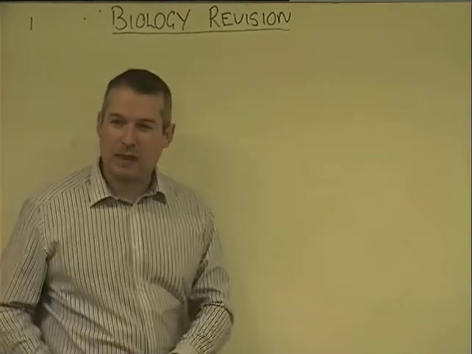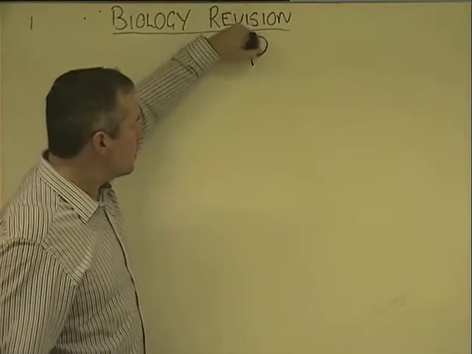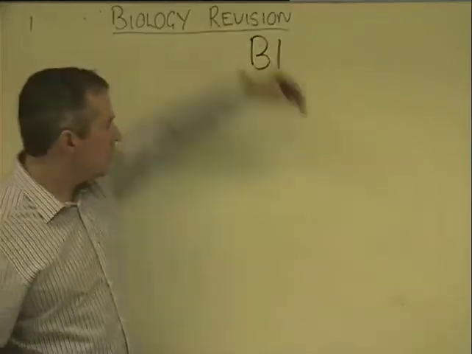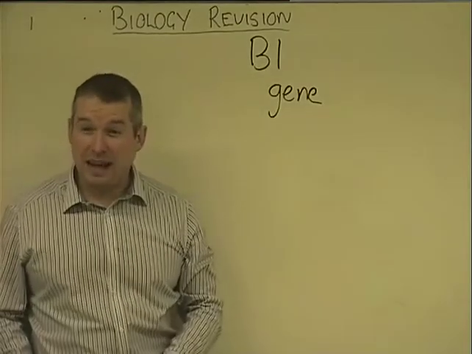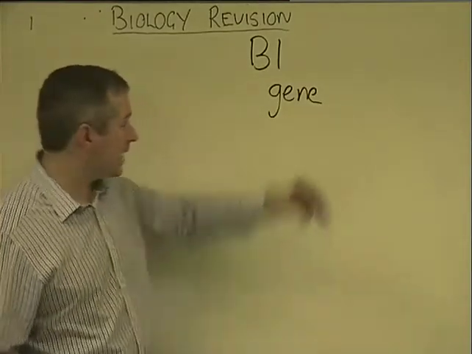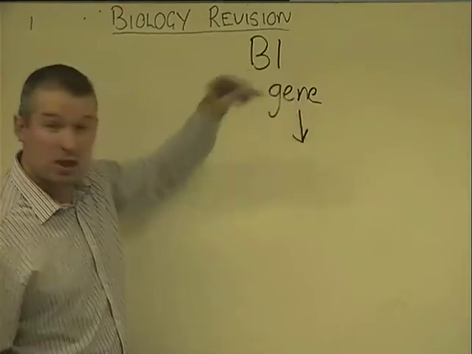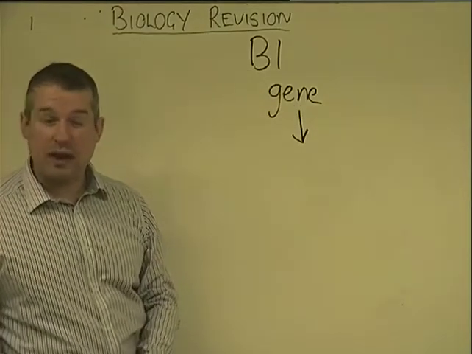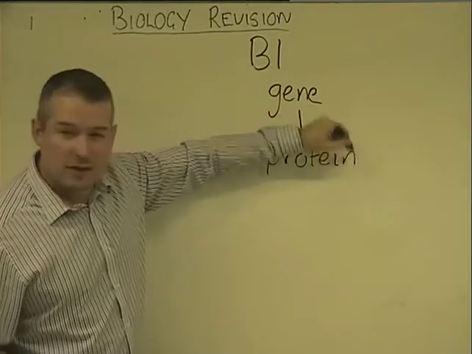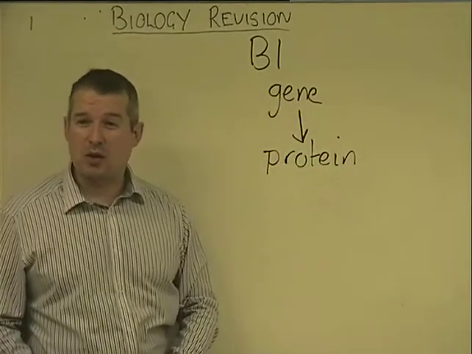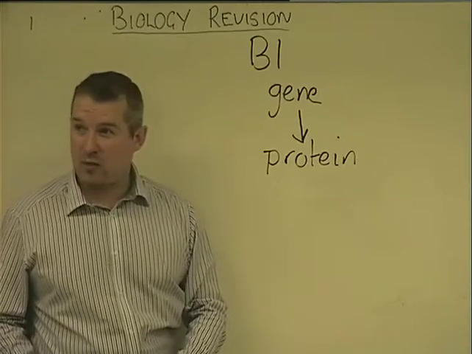Alright, we'll start with the beginning, which is B1, okay? And you need to understand what a gene does. Now remember, a gene is a section of DNA. And what DNA does, in particular the genes, it controls the production of a protein. Now, there's lots of different types of proteins. These are called structural and functional proteins.